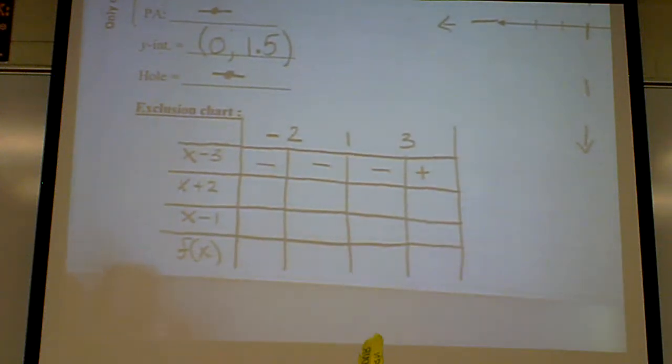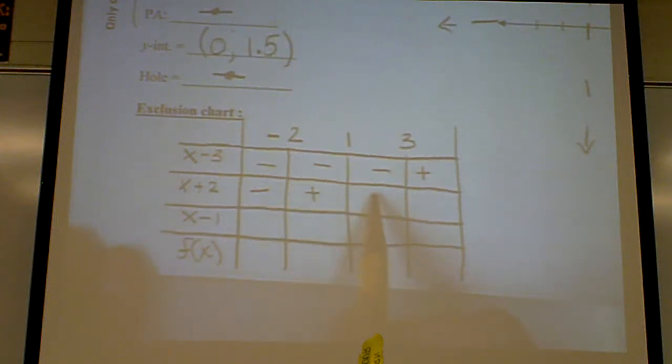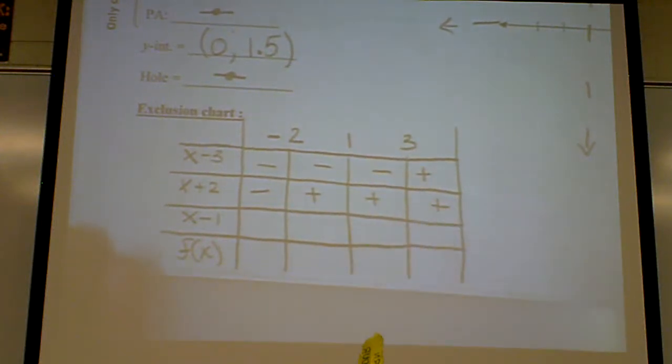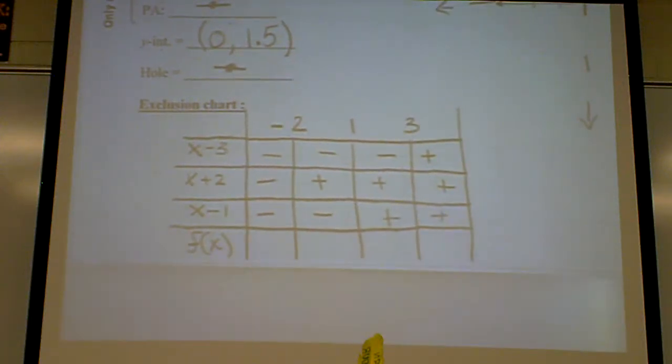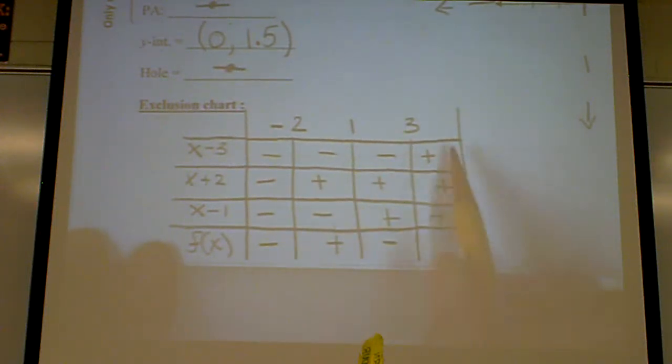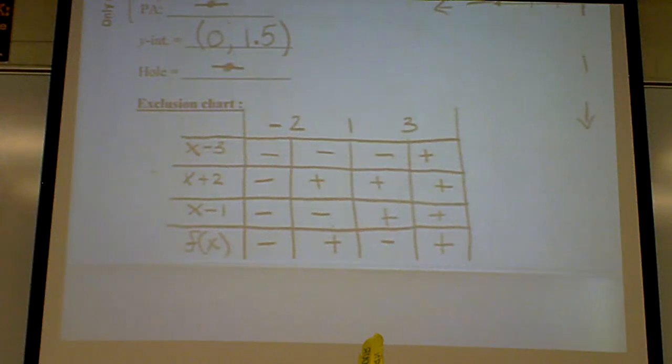Yes. The second row, negative, negative, plus, plus, plus. And the third row, negative, negative, plus. At the bottom I have 3 negatives, that's a negative, 2 is a positive, 1 is a negative, and these are positive.